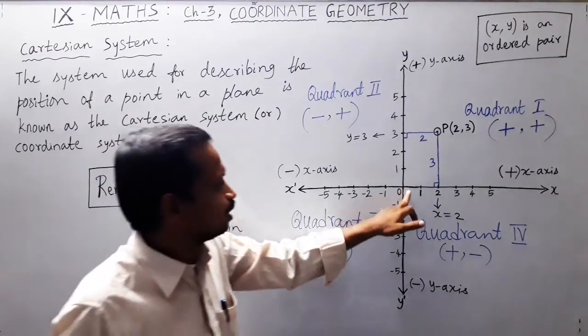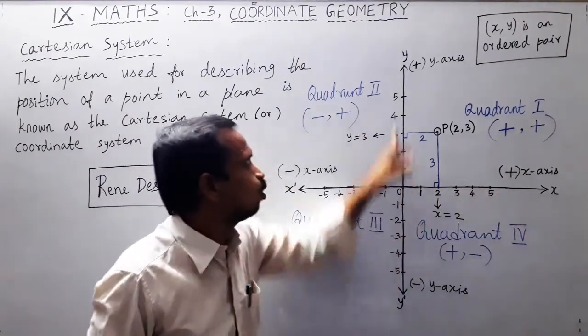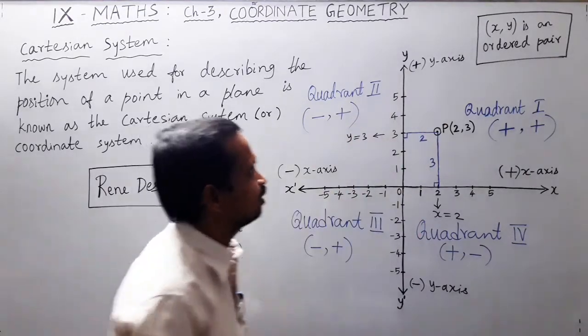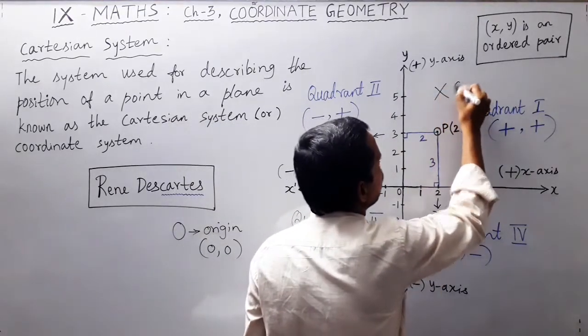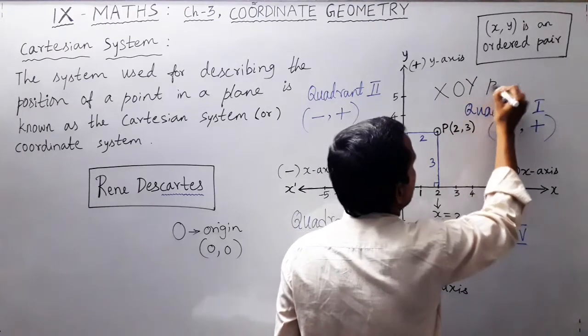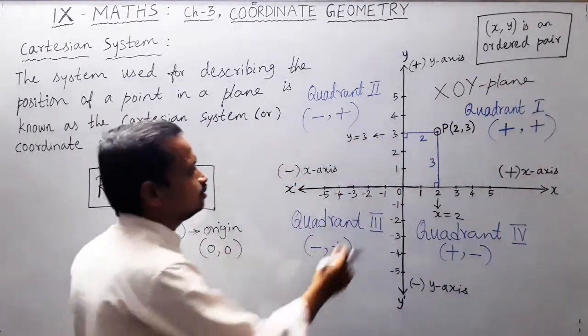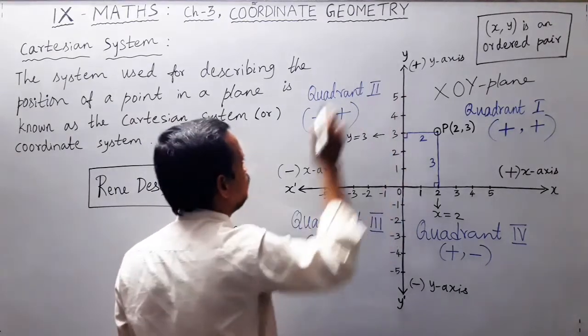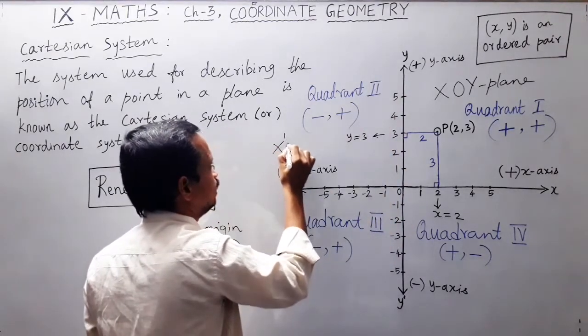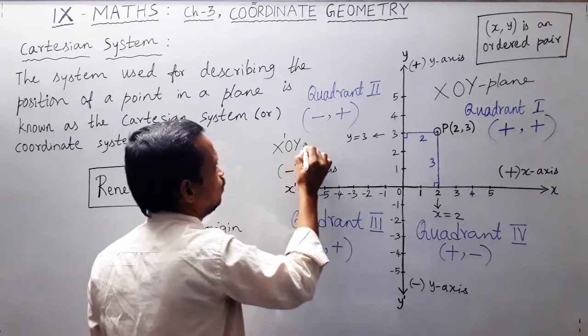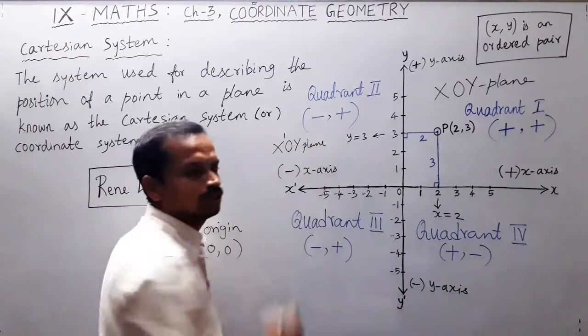So this you can call the X, O, Y plane. You can write that also. Here, X, O, Y plane. And this is X dash O, Y plane. Clear, children?